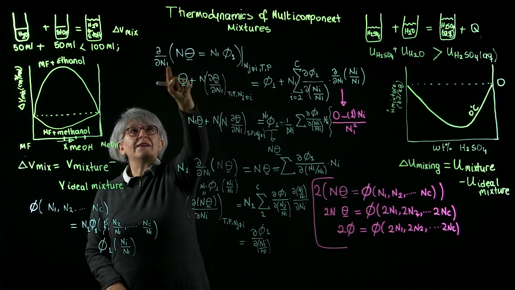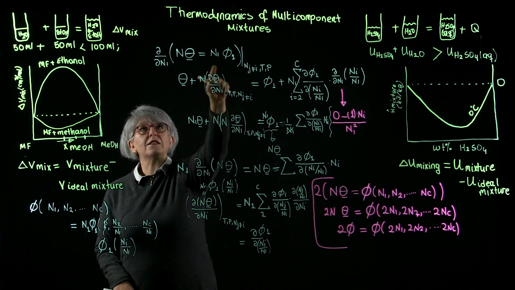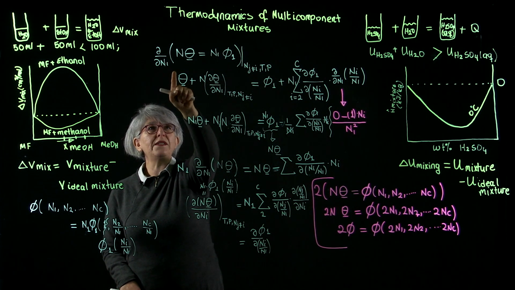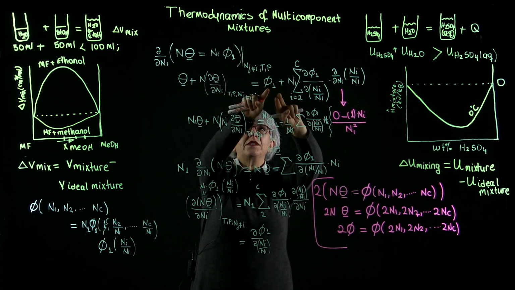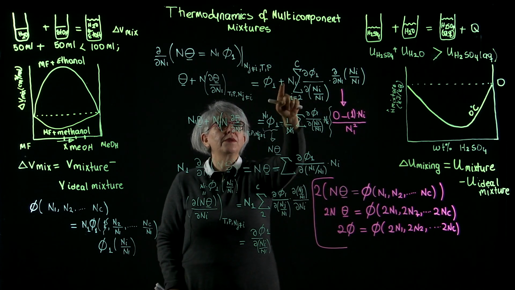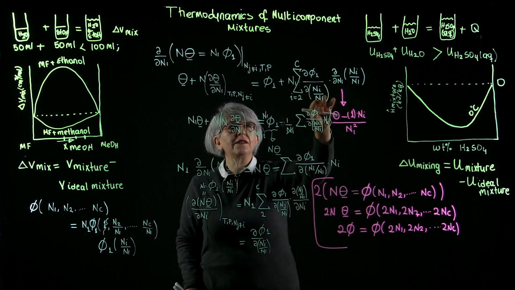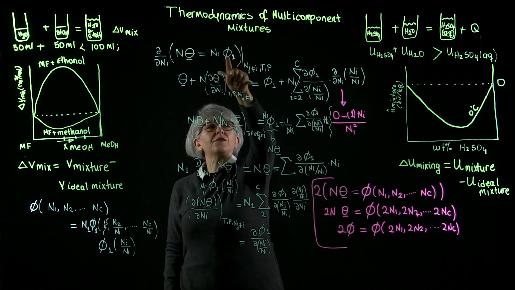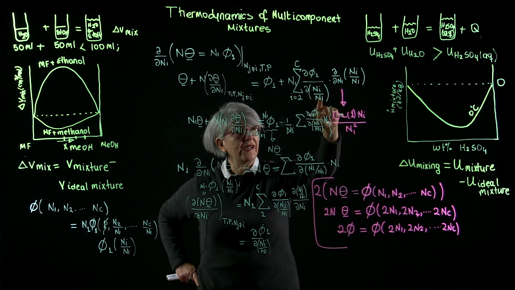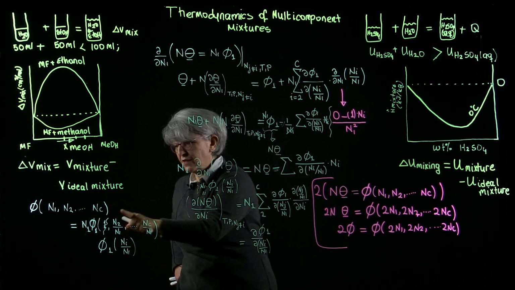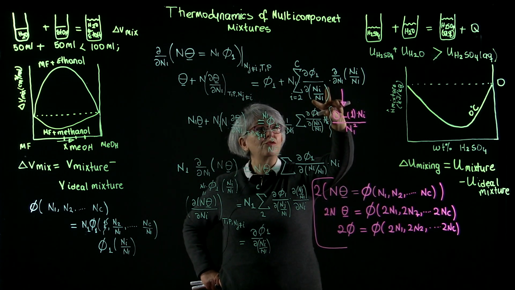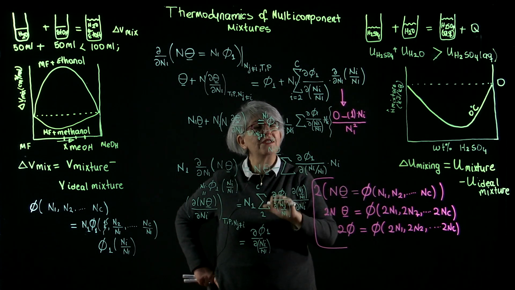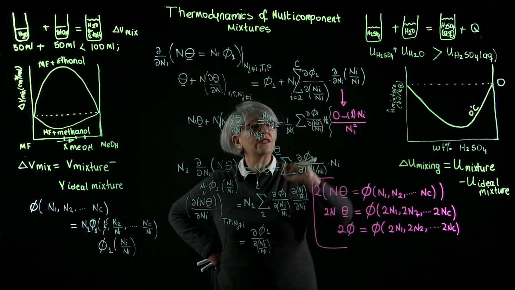We have differentiated this expression with respect to n1. This side of the expression yielded phi 1 plus n1 times the differentiation of this phi 1 with respect to n1, but since our function was implicit in terms of n1, we had to do a sequential differentiation.